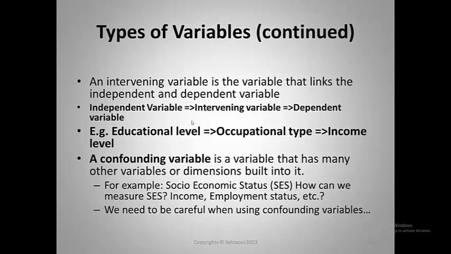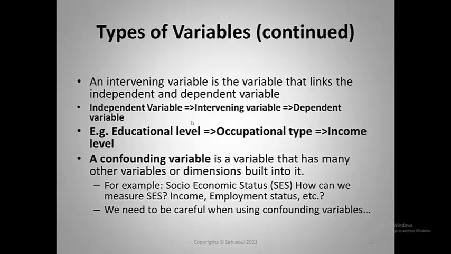So for example, an independent variable will have an intervening variable and a dependent variable. An example of that would be educational level as an independent variable, occupational type as the intervening variable, and income level as your dependent variable. Another type of variable is a confounding variable, which is a variable that has many other variables or dimensions built into it.